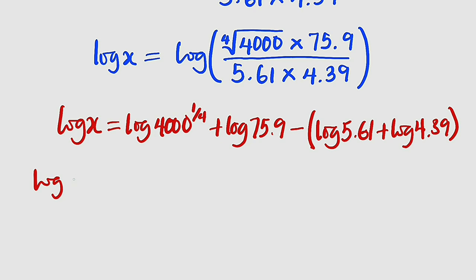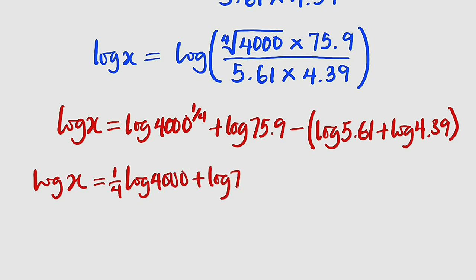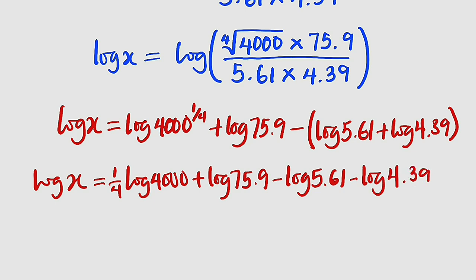So we have log of x equal to, remember, according to one of the laws of logarithm, this exponent can drop down to multiply. So we have 1 over 4 multiplied by log of 4000, then plus log of 75.9, then minus log of 5.61, then minus, because the minus will affect the 2 times, log of 4.39.